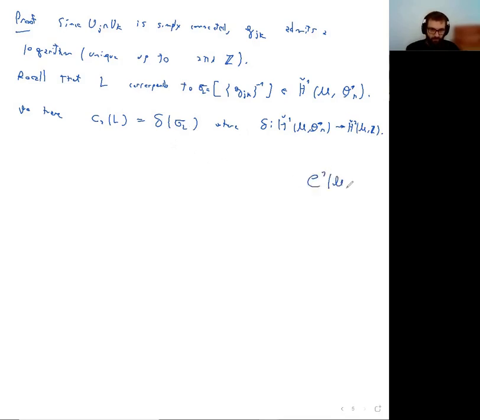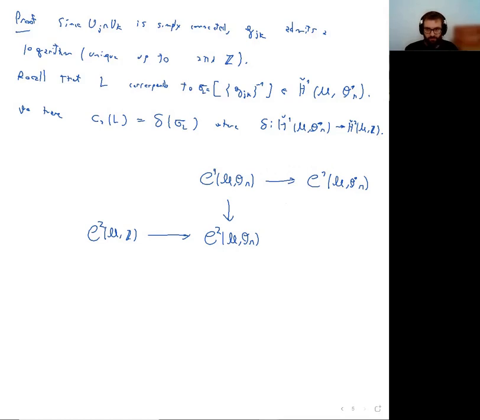So let's write down the relevant part of the diagram. We know the snake lemma takes something here and gives us something there. And we don't need all the rest. All the rest is needed to prove that this is well defined. But now we know, thanks to the snake lemma, that whatever you trace back is well defined and unique, et cetera.